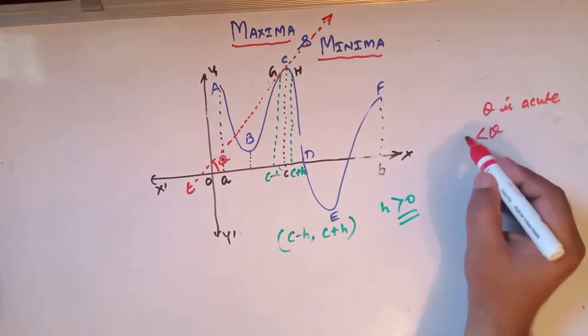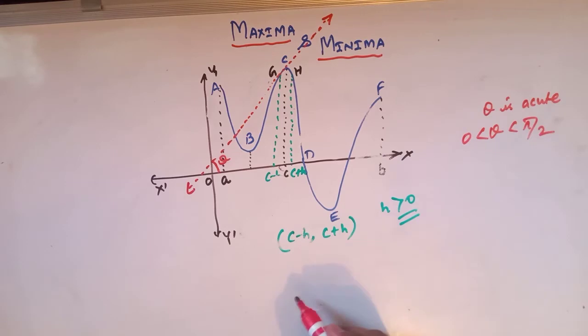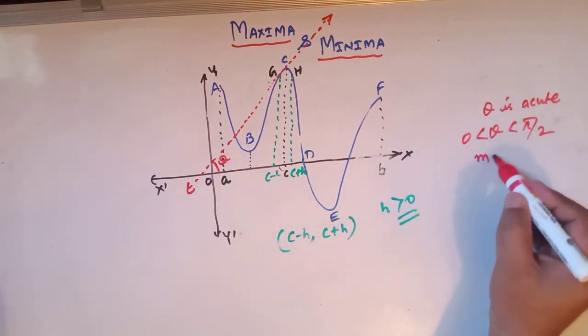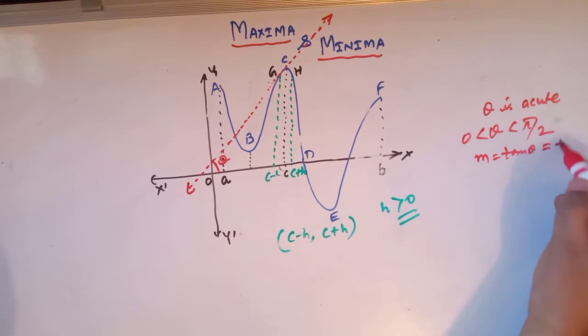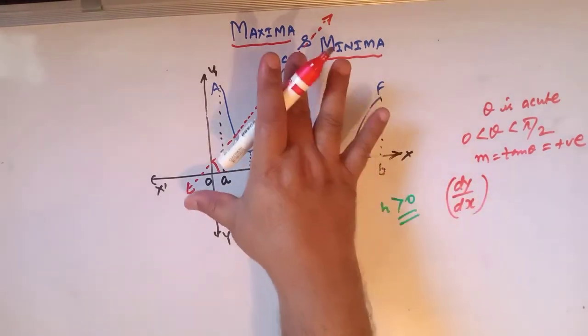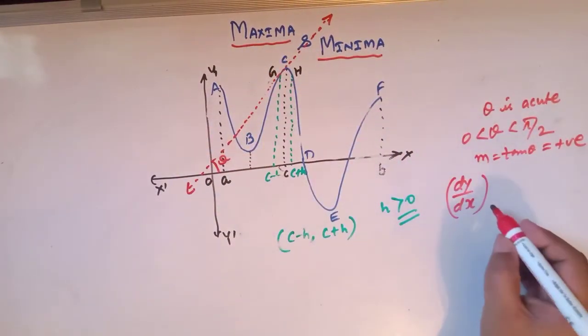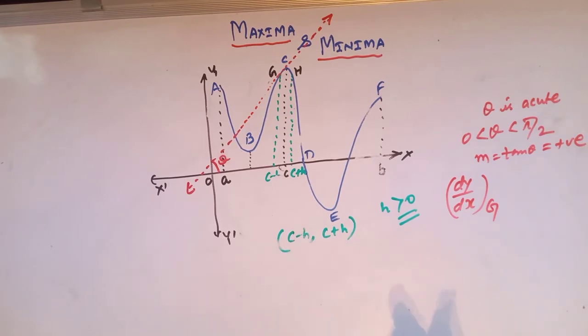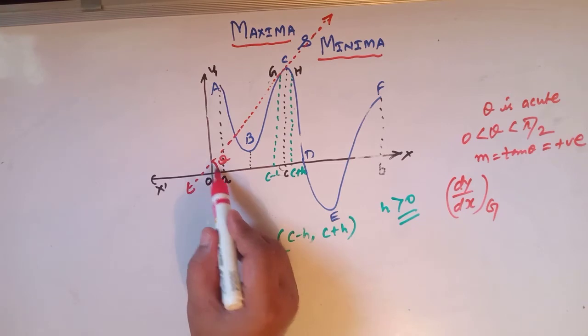Theta is greater than 0 here, but less than pi by 2. So theta is acute, so m equal to tan theta is positive. Therefore the derivative dy over dx, clear? The derivative dy over dx at point G. What is the derivative? Derivative is the slope of the tangent at any point on the curve. So here the point is G, and we have drawn a tangent at G, which is denoted by the red dotted line, and this theta is positive.